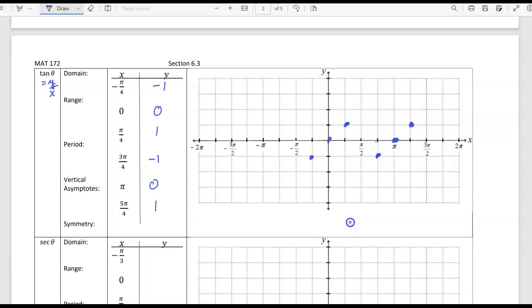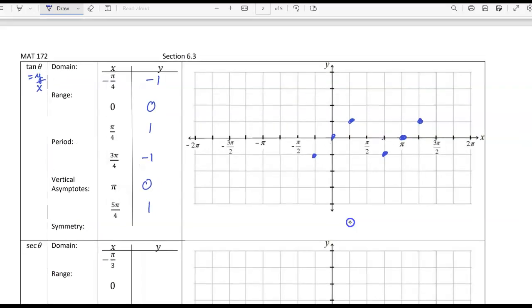So let's examine this just a little bit closer. When we talk about domain of the function, we've got to think about tangent and what we have here. We know that x can't be equal to 0, right? So the tangent function is y over x. We could also think about it in terms of sine over cosine. Now, to figure out domain, you think about domain and vertical asymptotes together, right?